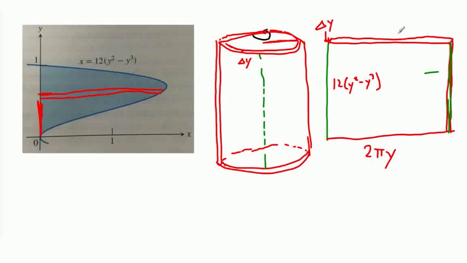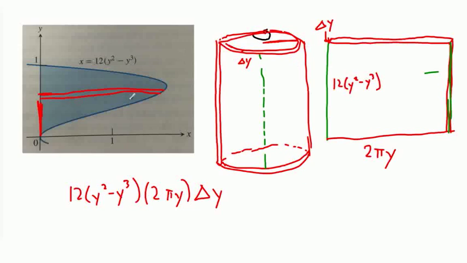So if I find the volume of this piece right here, it will be length times width. So it's going to be 12y squared minus y cubed multiplied by 2 pi y. And then that's going to be multiplied by my change in y.